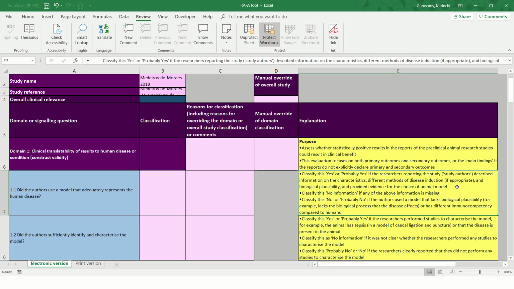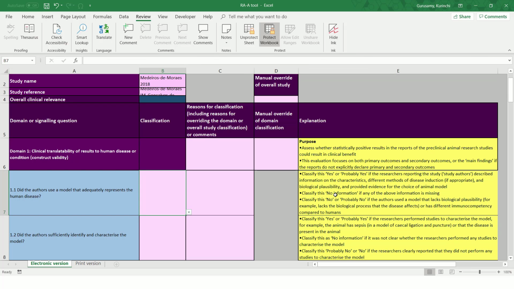We don't know about different methods. Why did they use CLP, ligation and puncture? They don't say. So the possibilities are no information or probably no. At present we don't know that this is the case, so I would classify it as no information.